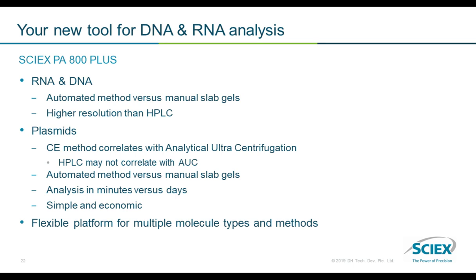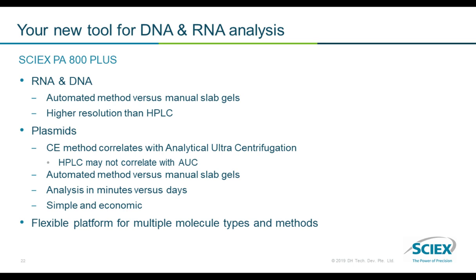So just to summarize, we have tools for both RNA and DNA analysis using our P800+ system. For RNA and DNA, it's an automated method versus manual slab gels, and you get much higher resolution than you get by HPLC. For plasmid, the CE method correlates with the analytical ultracentrifugation method, and HPLC may not correlate with AUC.